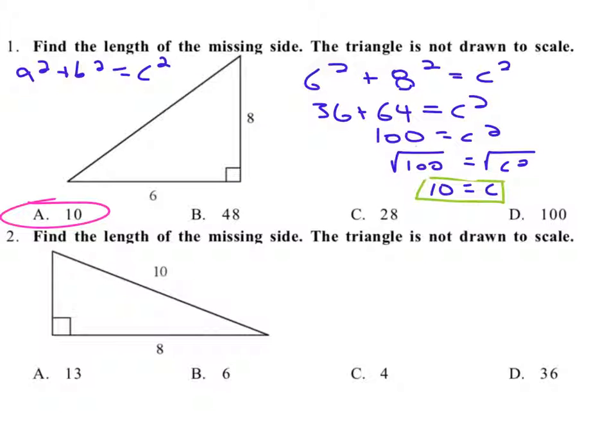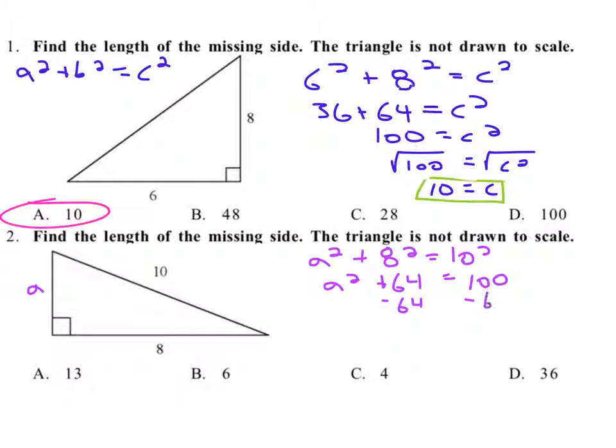Okay. Now this one, number 2, we've got a missing side. We don't know what it is. Let's just call it a. It doesn't matter whether you make it a or b in our Pythagorean theorem. But a squared plus 8 squared equals 10 squared. Or a squared plus 64 equals 100.